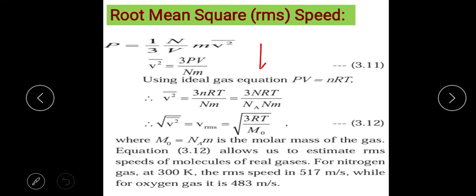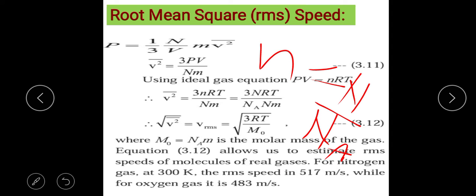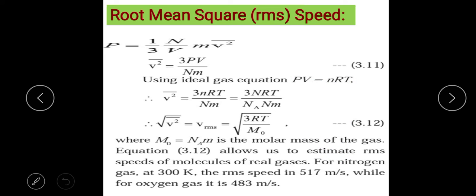So therefore v square bar is equal to 3 nRT divided by N upon Na into m. So n is equal to N upon Na, where N is the number of molecules and Na is the Avogadro number. So we put N upon Na instead of n. Therefore v square bar is equal to 3 nRT divided by Na nm.